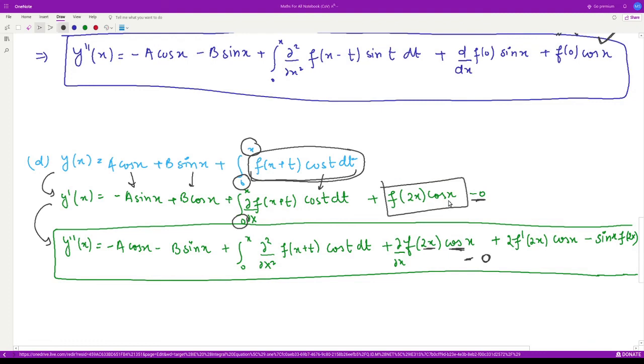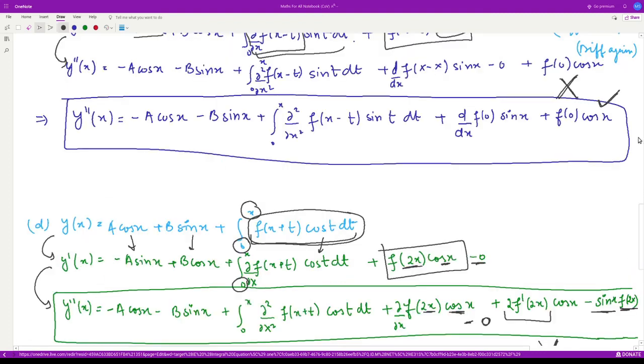Now both terms depend on x, therefore firstly we'll perform the derivative of f with respect to x, so it would be 2f dash 2x and cos x as such, then f(2x) as such, the derivative of cos is minus sin x. So clearly this also does not match with the given differential equation, so the only correct option in this case is option number A.